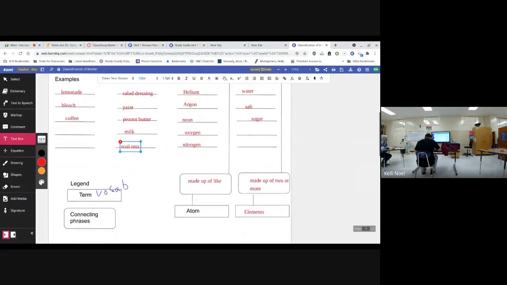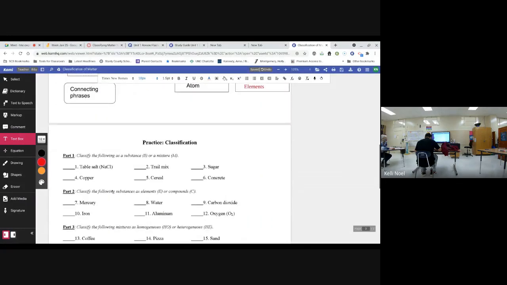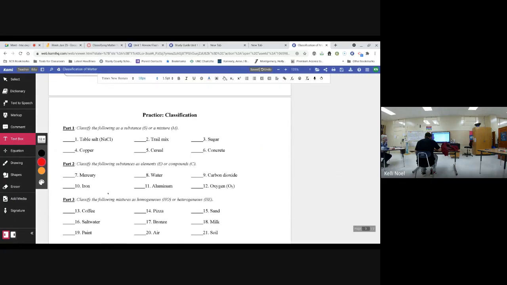We did that together. Now the second part, you're going to work on your own. So let me give you the instructions. So tables, notice right here, you are going to decide if they are a substance or a mixture.